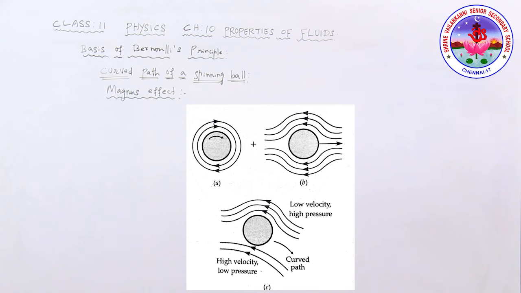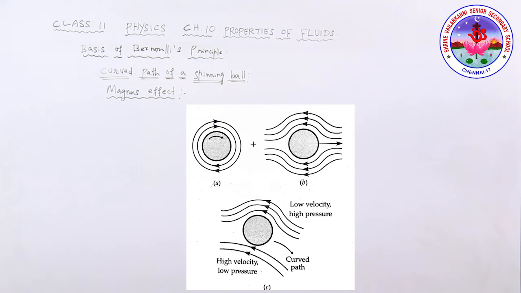So the resultant velocity decreases, and because the resultant velocity decreases, the pressure increases in accordance with Bernoulli's principle. The layer below the ball moves in the direction of spin. The resultant velocity increases, hence the pressure decreases.